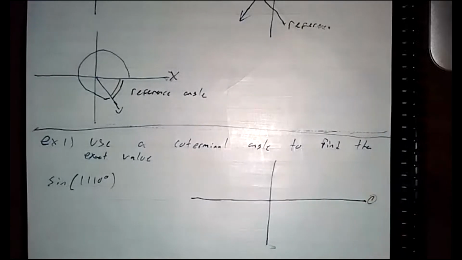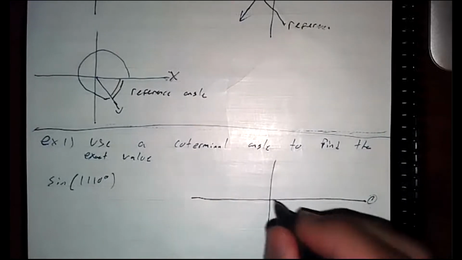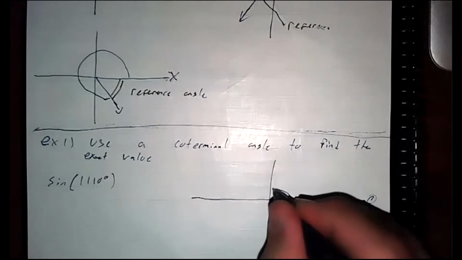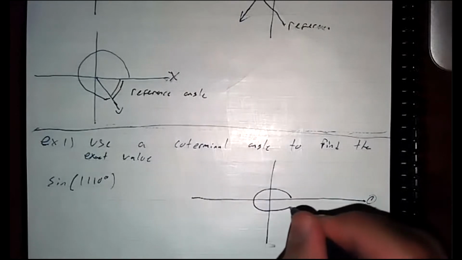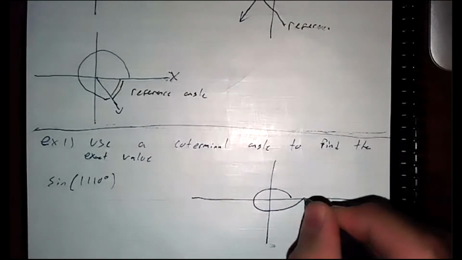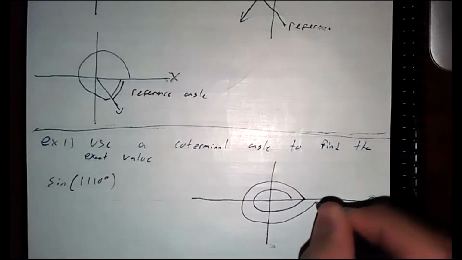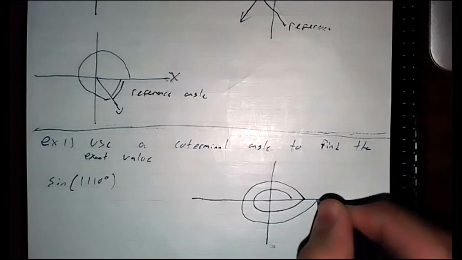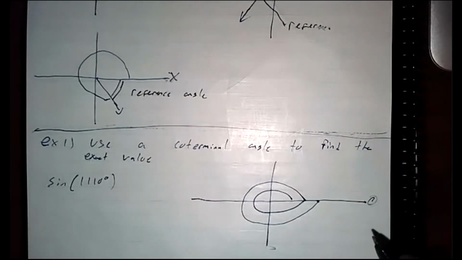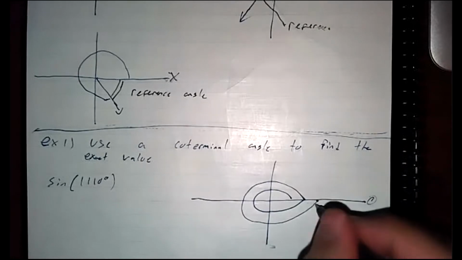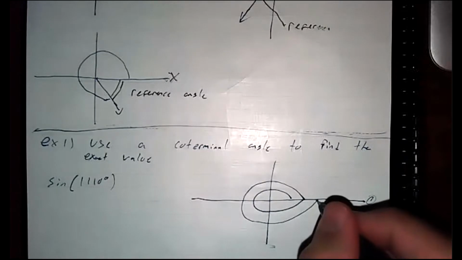So 0 is starting here. If I go around one time, that's 360, right? If I go around the circle again, that is 720. If I go around again, what would it be? 900. Or no, 1080. 1080, right?